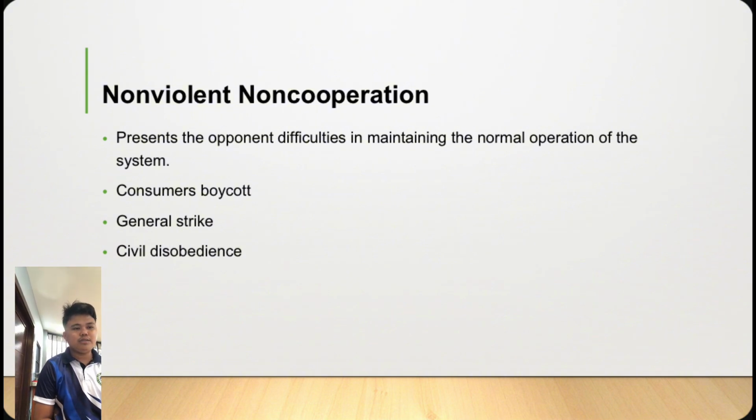Next is civil disobedience. There is one famous person, for example, Martin Luther King, during his time. So civil disobedience needed to be addressed in America during that time.